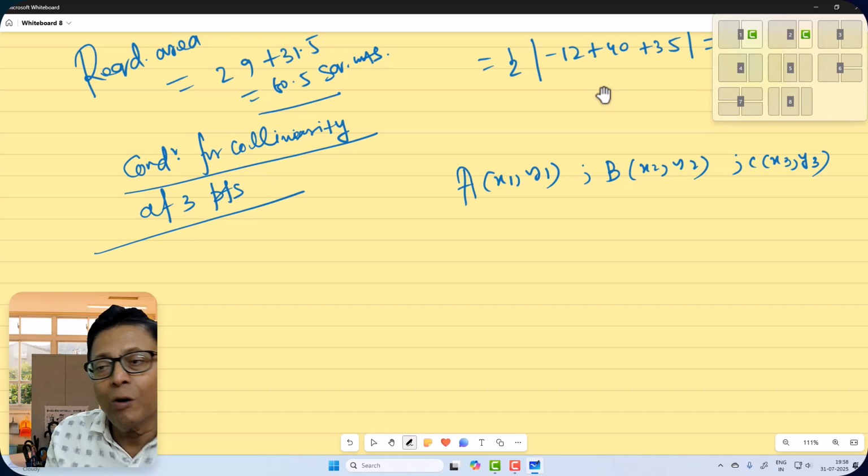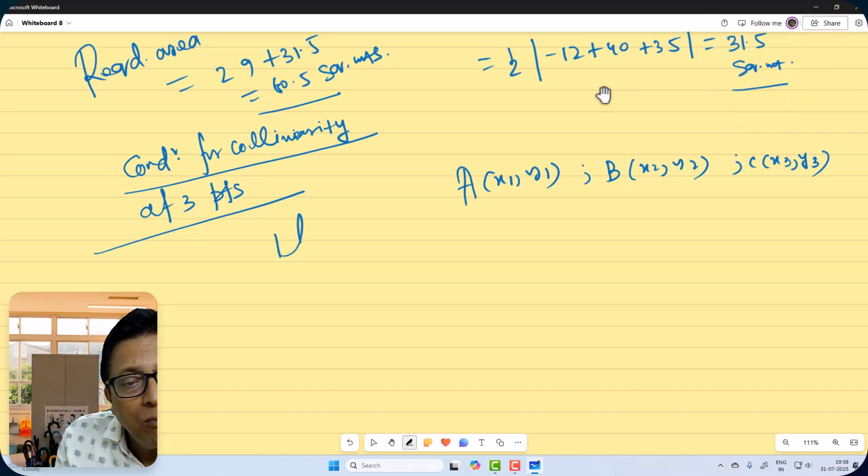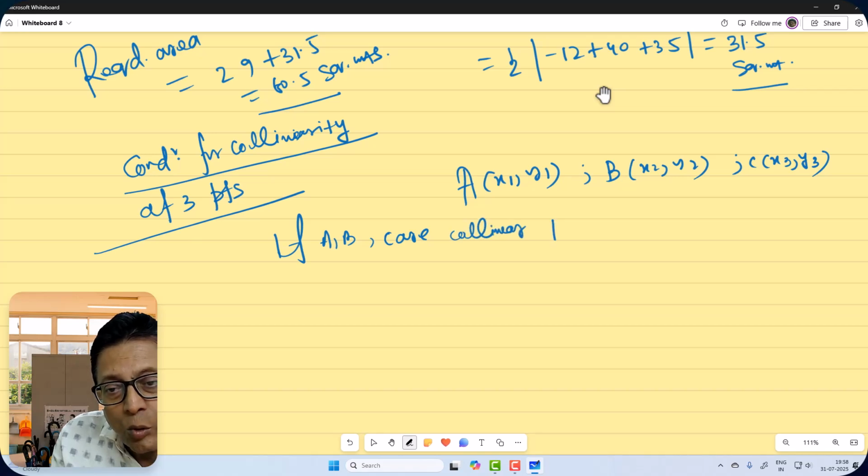So these are 3 points, they are collinear if A, B, C are collinear, then area of ABC should be 0.